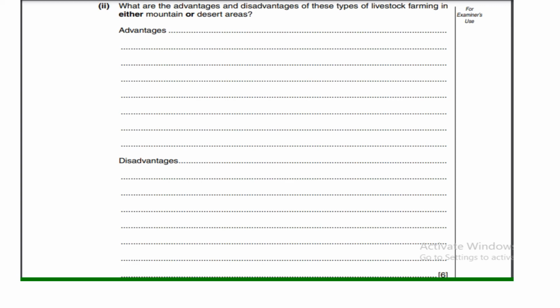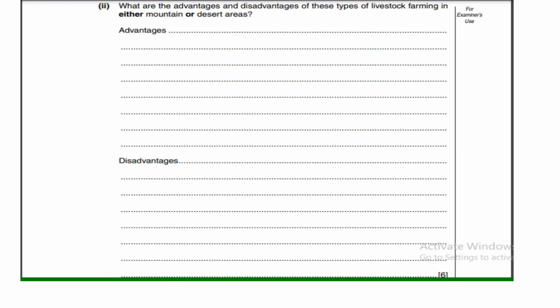And other than that, we can talk about the smaller animals, such as goats, which can nibble on the smallest stature vegetation or the grasses. So these are all the plus points. You can talk about others as well, but again, do not give simple statements. You should give a proper answer.